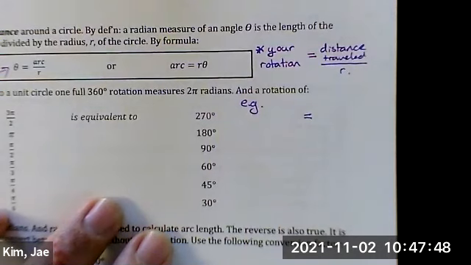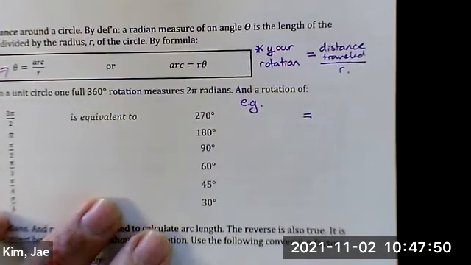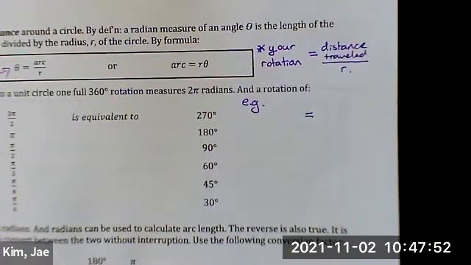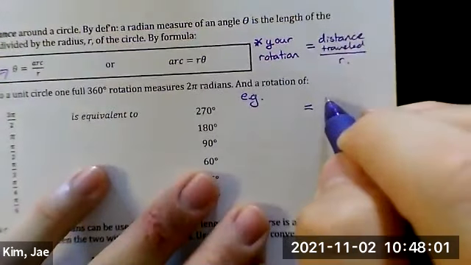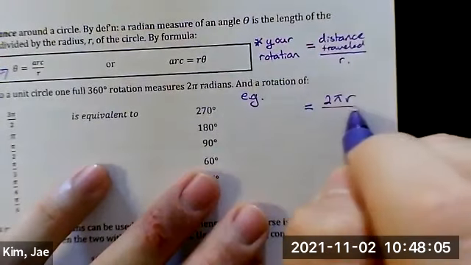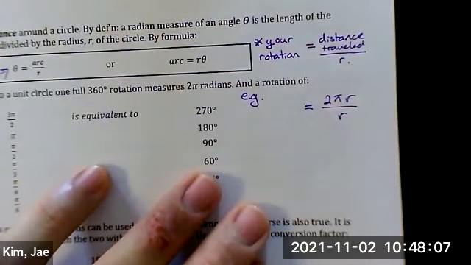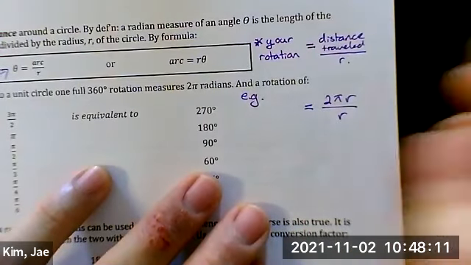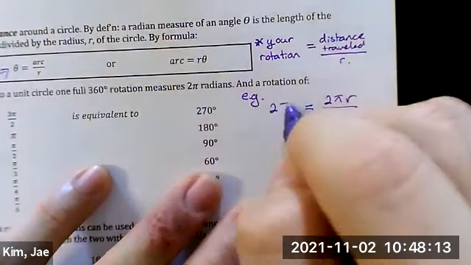What would be the circumference if it rotated a full 360? 2 pi r, because you don't know what the circle is, right? So the distance traveled will be 2 pi r. But if I divide that by the r, what's left? My rotation is a full 2 pi of the circle. That's all it really is.